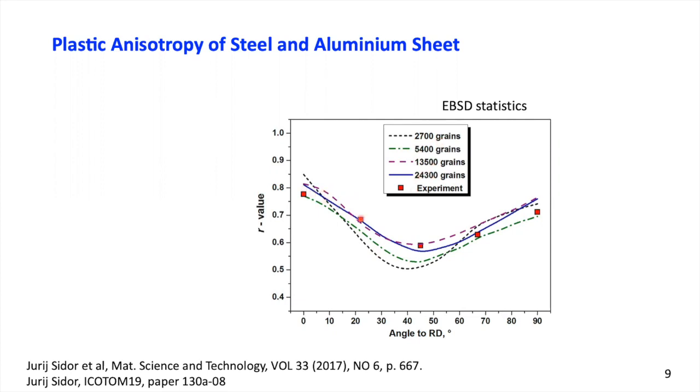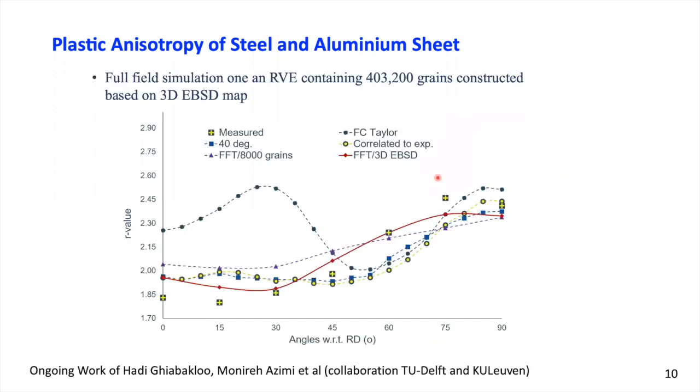And you can see that the improved statistical representativity has a major effect on the accuracy of the R value prediction. I can tell you, I don't show you the textures, but if you would look at the textures with your naked eye, you would not be able to see the difference.